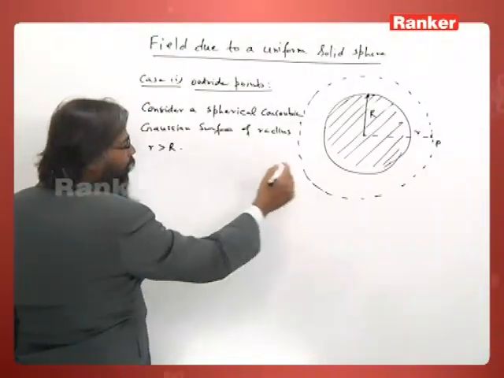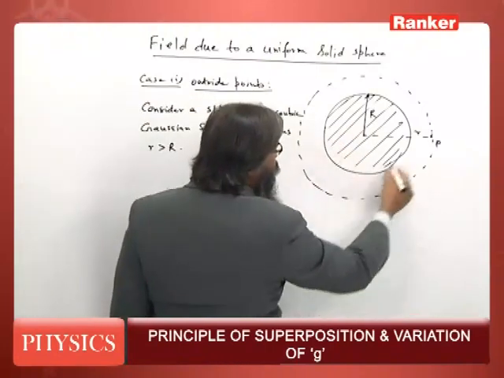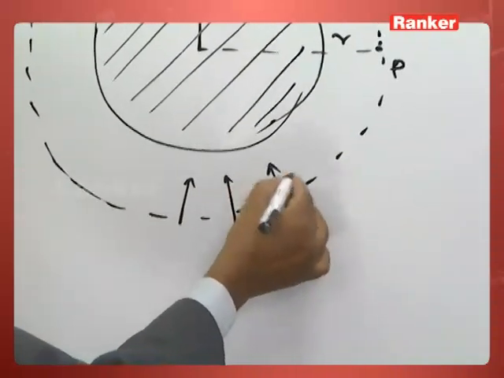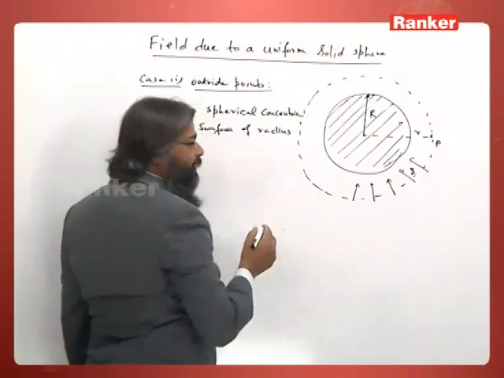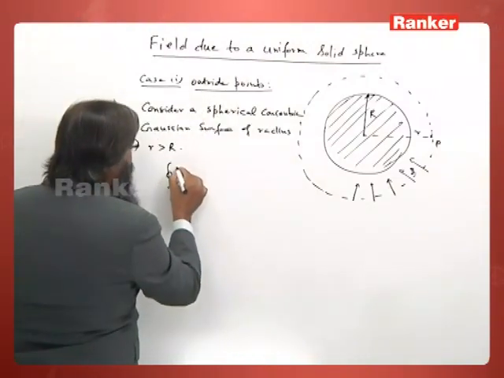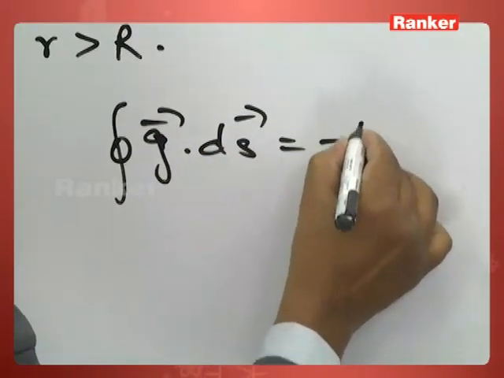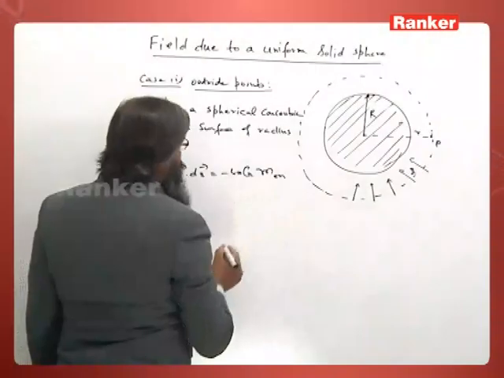So, let us apply Gauss's theorem here. What we expect due to this sphere, due to symmetry, is that the gravitational field G is radially inward. So, G dot dS is equal to minus 4 pi G m enclosed.